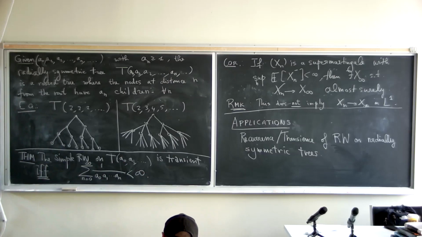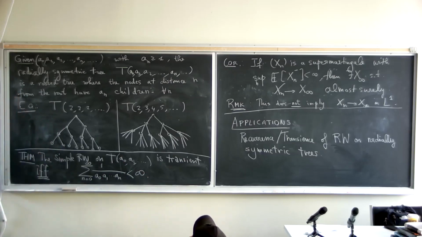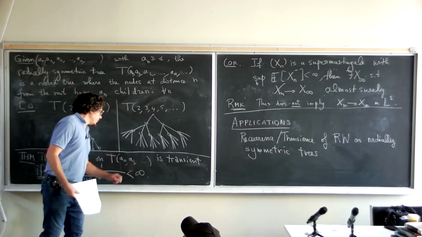So basically, you take this series of positive numbers, and it could converge or diverge. In the end, you check whether the series converges. If so, then the random walk is transient.